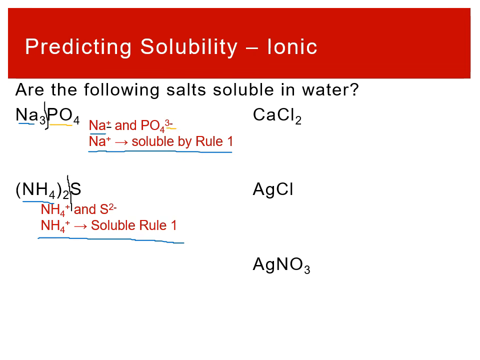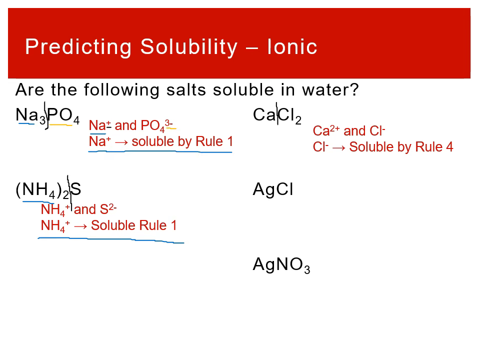All right, calcium chloride then. If we have 2 atoms right there, calcium is a metal, so we know it's ionic. We want to look at our 2 ions then. It's calcium and chloride. Calcium doesn't really have any rules associated with it, but for chloride we have to go all the way down to rule 4. Rule 1 is about the group 1As and ammonium, so that's not it.